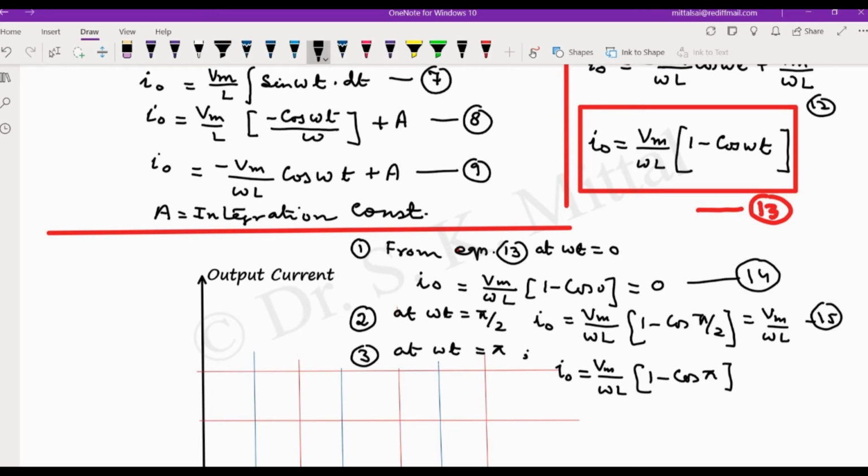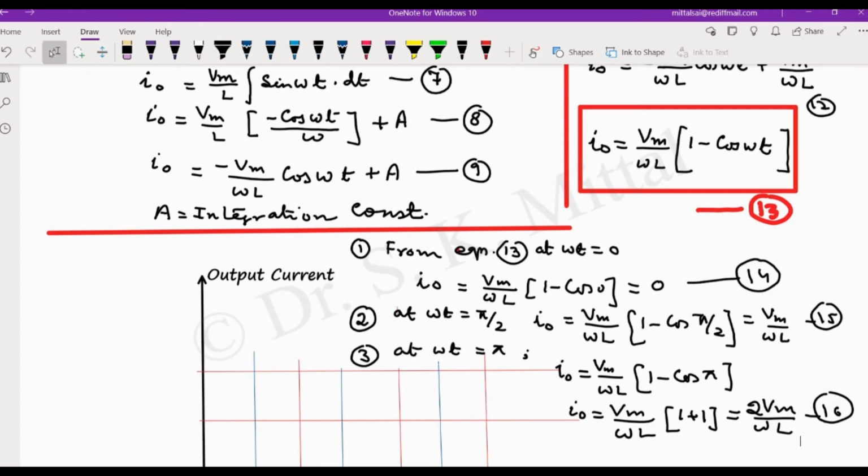Cos pi is equal to minus 1. Therefore, in the bracket it will be 1 plus 1, and I0 will be equal to 2 Vm upon omega L. Now at different points, I have calculated the value of output currents.